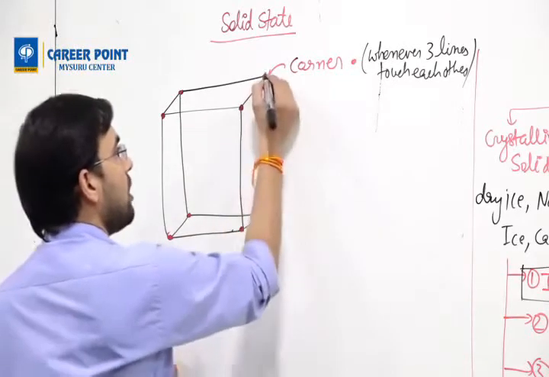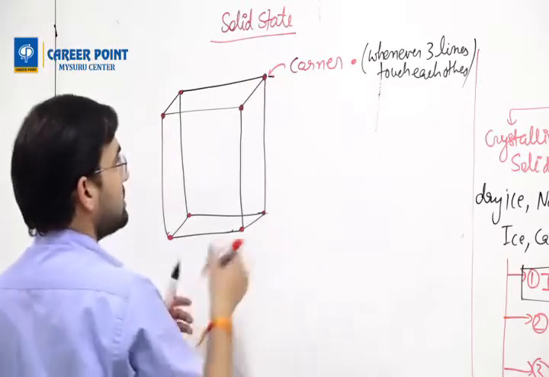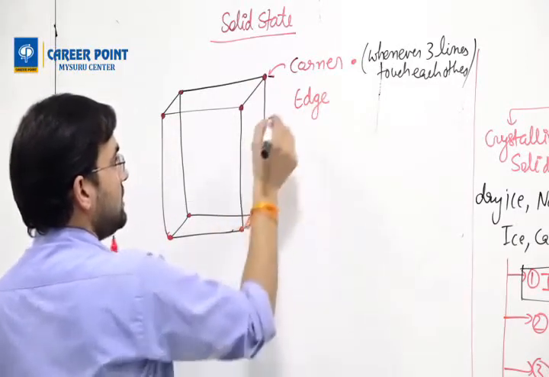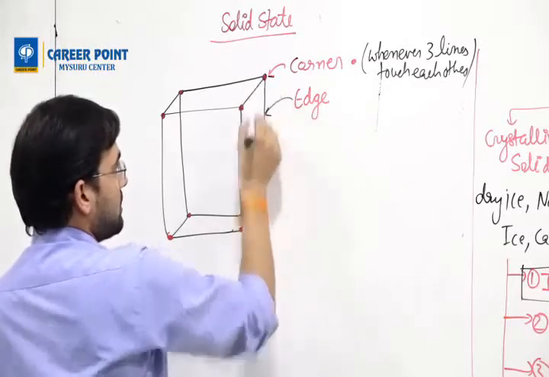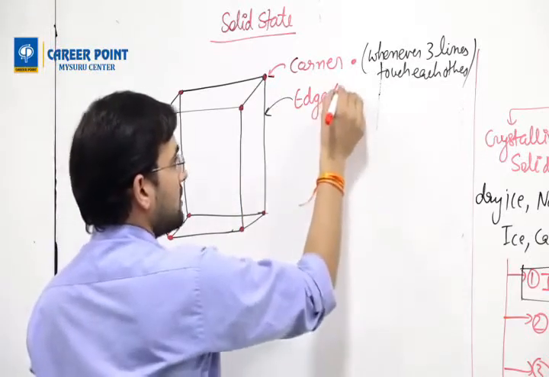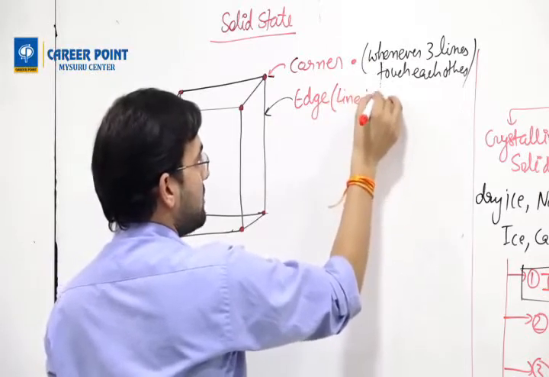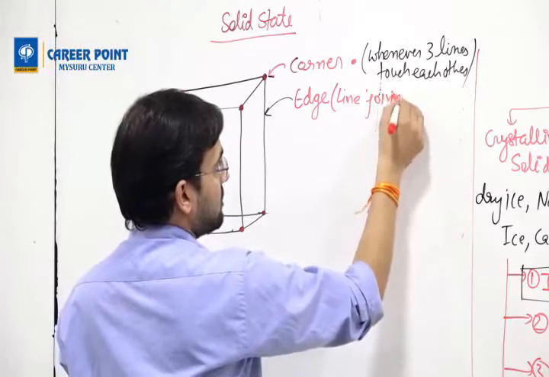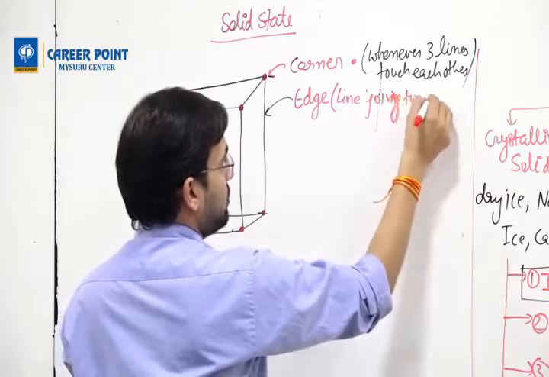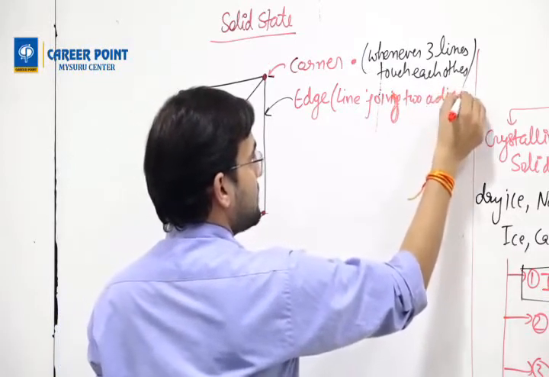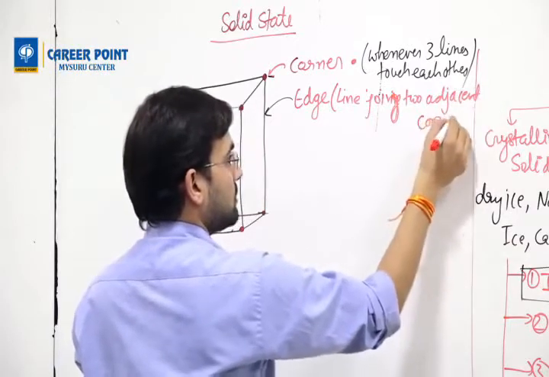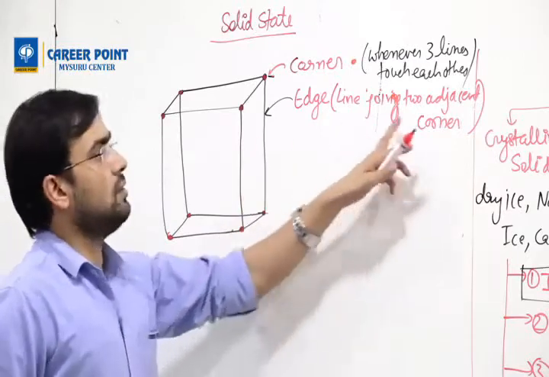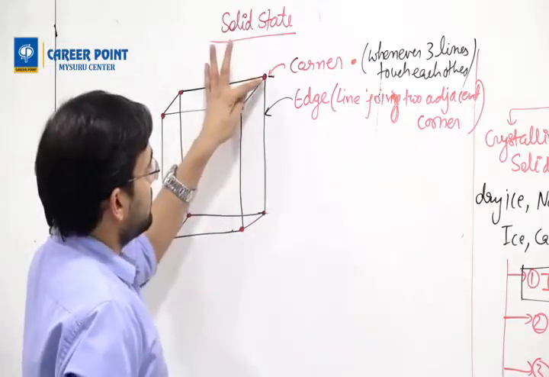Once you have a corner, the next point is the edge. Edge is this line. Definition: a line joining two adjacent corners. This is an edge.